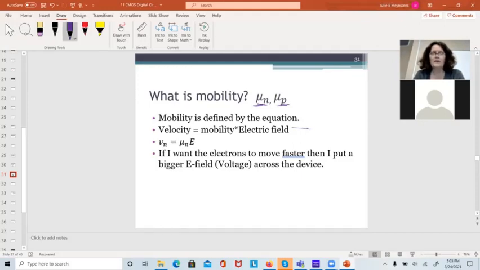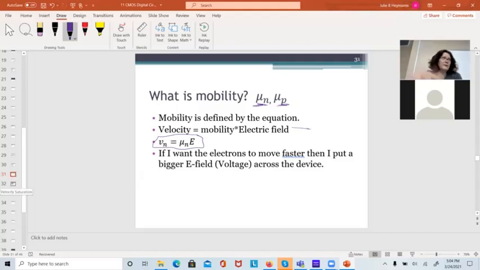I can calculate that by treating mobility like it's a constant, and it's constant for low values of electric field. So mobility is really defined by this equation. Put in electric fields in volts per centimeter, increase the voltage, I get faster electrons. The speed roughly goes up by the same factor as the volts.